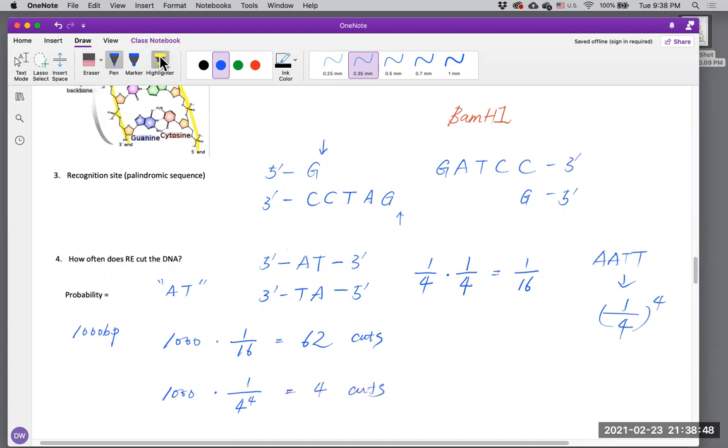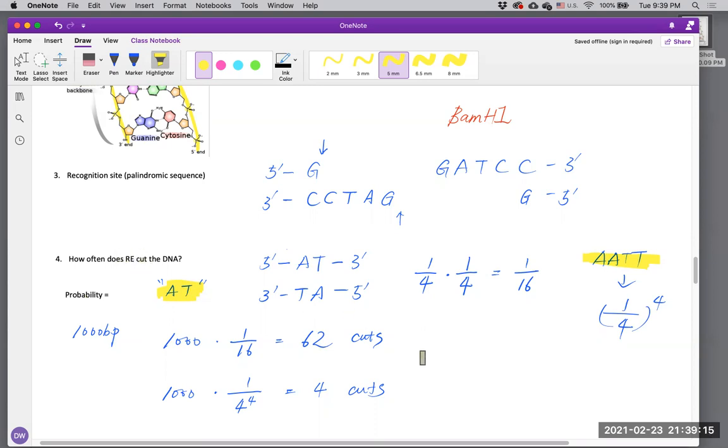So here we can see that the enzyme with a shorter recognition site is going to cut more often. We often call this a frequent cutter. And this enzyme that cuts a 4 base pair sequence is going to cut less often. So this is a less frequent cutter. So this is how we calculate how often a restriction enzyme cuts the DNA.